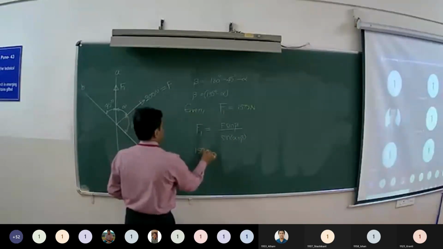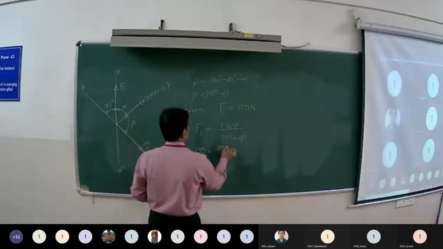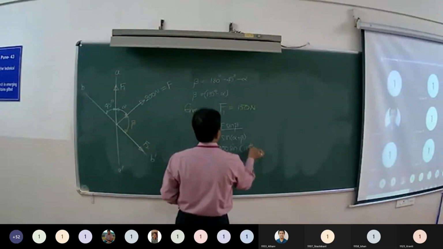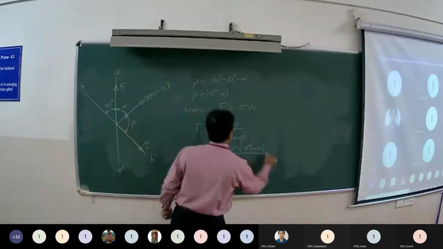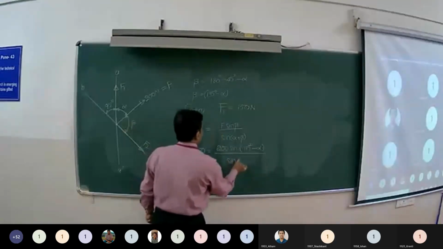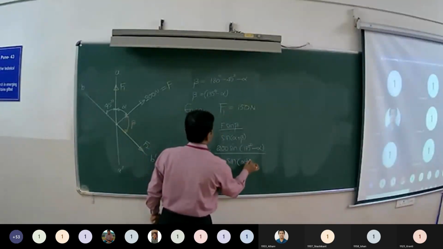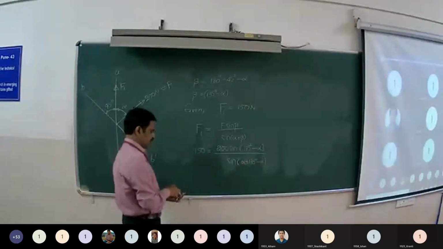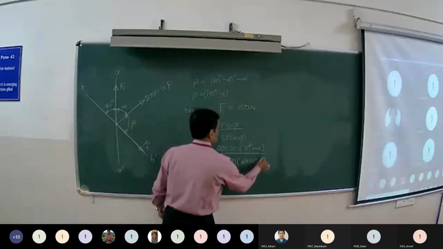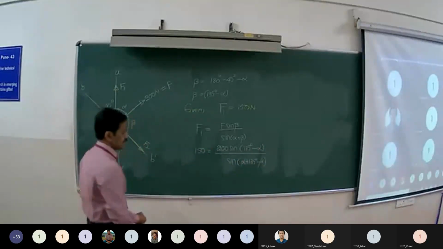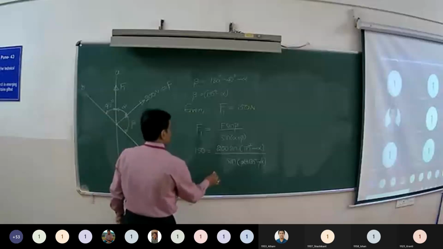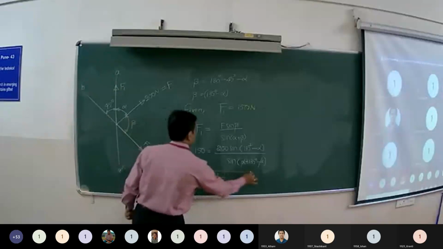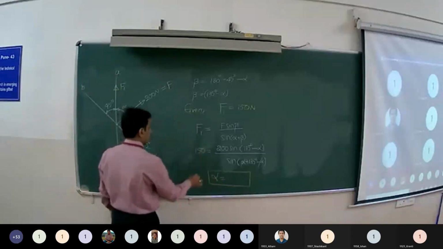F1 is 150, F is 200, sin beta is sin of 135 minus alpha, upon sin alpha plus beta, that is 135 minus alpha plus alpha, where alpha gets cancelled. Solving this expression, you will get the first answer, angle alpha.